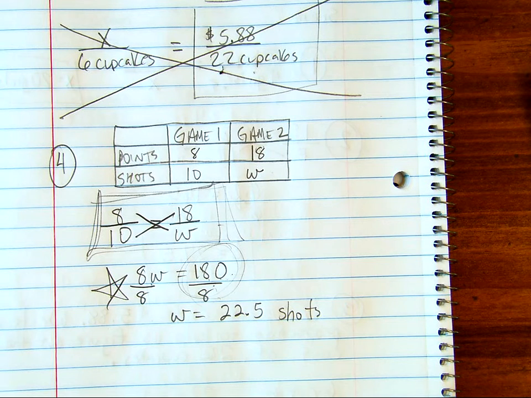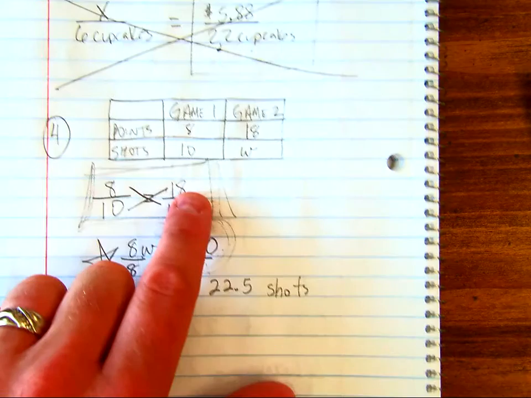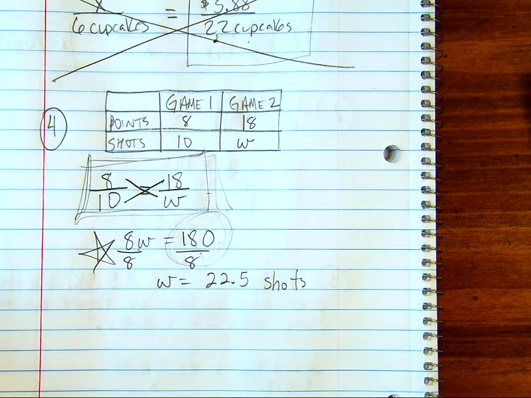Can somebody give me, for this problem, an incorrect proportion? I know your teachers probably never ask you to give a wrong answer, but I'm not like most teachers. So can somebody give me a wrong answer? What would a wrong proportion be for this table? Emily. 10 shots over 8 points.